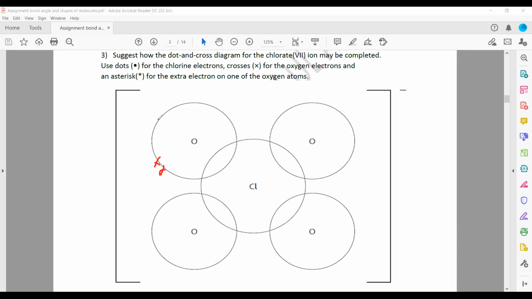Each oxygen has 6 outer shell electrons. When chlorine shares both of its electrons through a dative bond with one oxygen, then another oxygen, then another oxygen, chlorine is left with one.